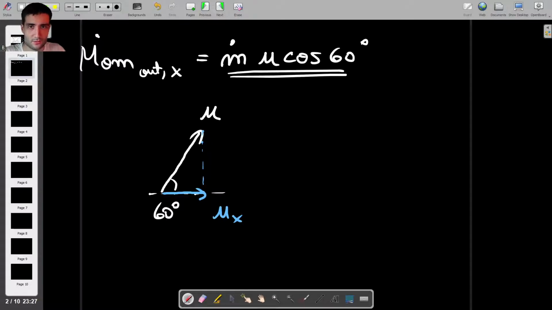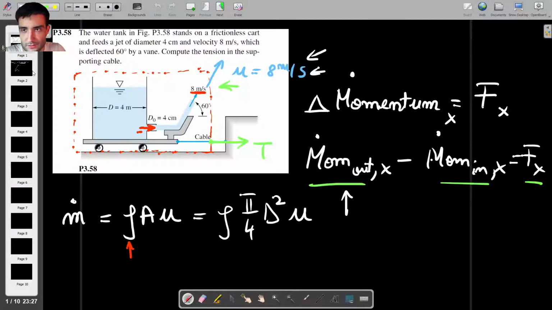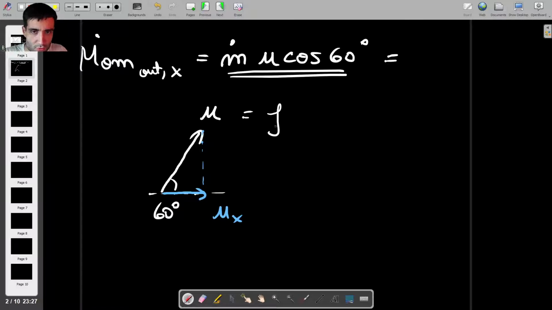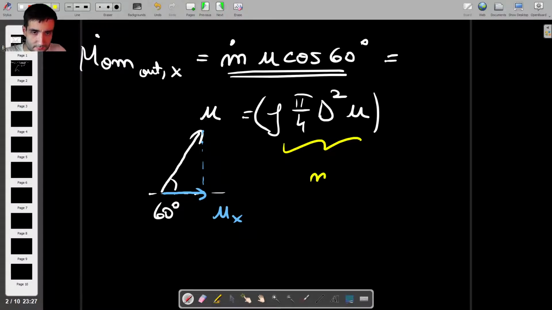And we know what the mass flow rate is from the previous equation, which is rho times pi over 4 d squared u. I'm going to put this in brackets because this is the mass flow rate, and then this is multiplied by u cosine of 60 degrees.